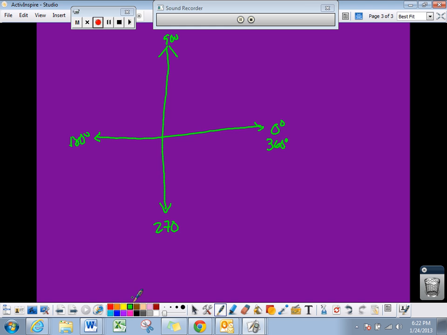Okay, so watch closely with my drawing. I'm going to use a white. So let's say I'm talking about this angle right here. So this is my initial. This is my terminal. So I'm going to start here and go to here.